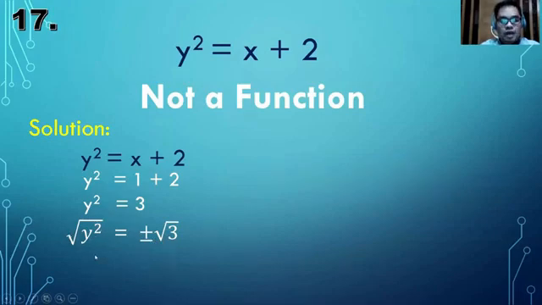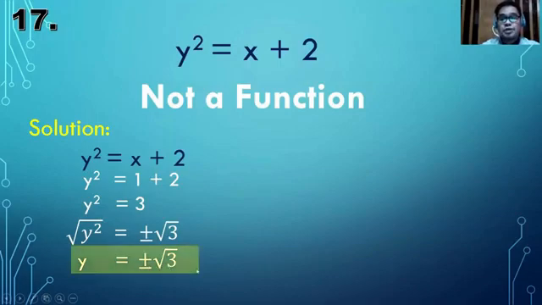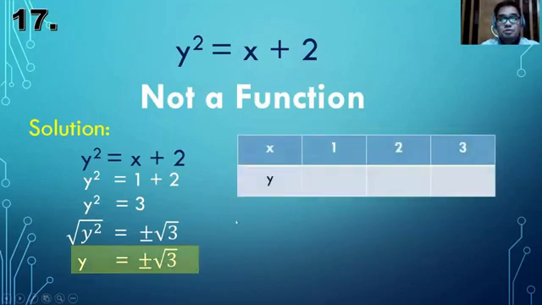The answer would be y is equal to positive and negative square root of 3. This is our answer. And if you are going to put that here in our table, for our value of x, which is 1, there are how many elements? 2 elements. That makes it not a function.